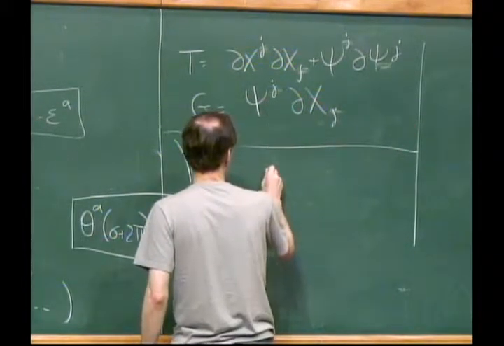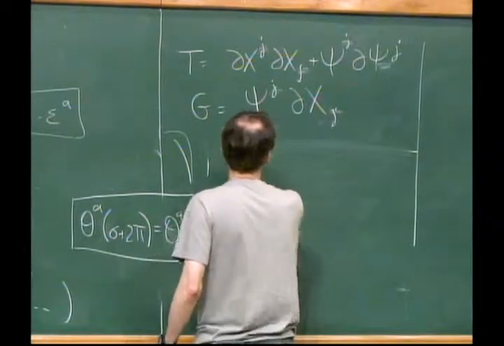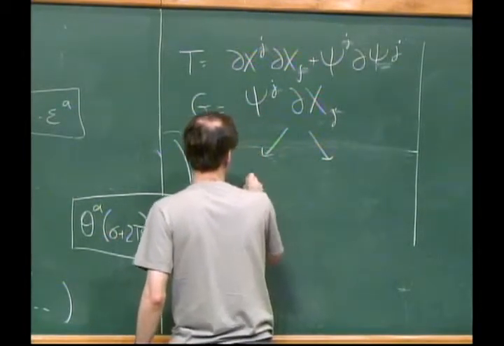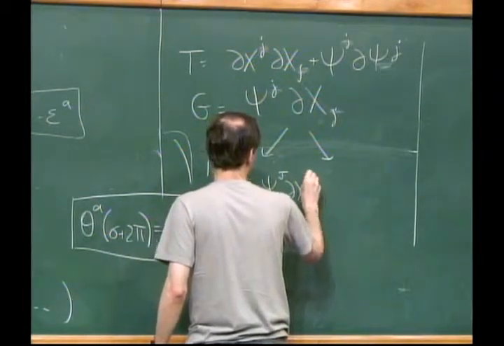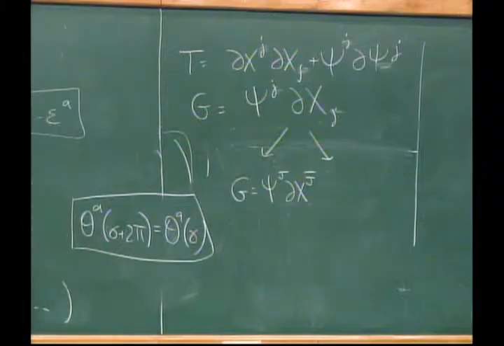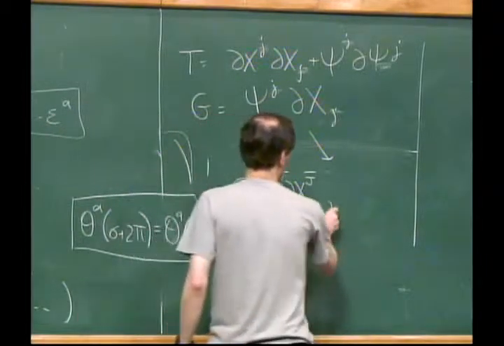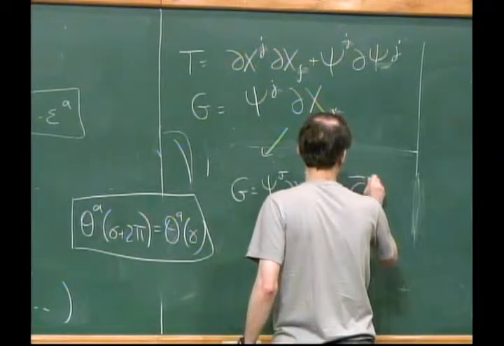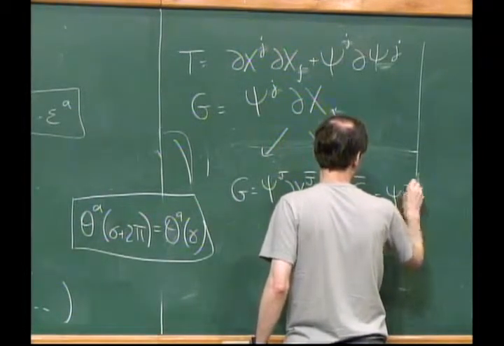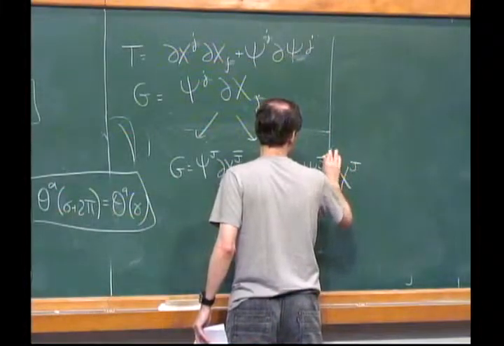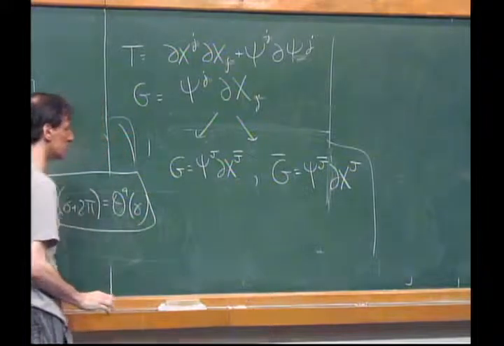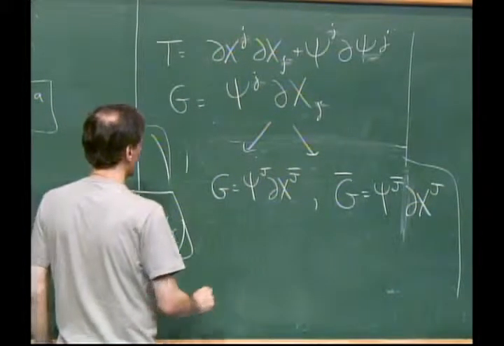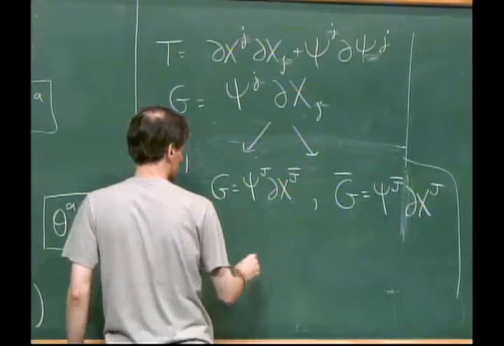So T is the same as before, but now we're going to break G into two pieces, which are called G equals psi^j dx^j bar, where now capital J still goes from 1 to 4, and G bar I will call psi^j bar dx^j. Okay, so once again, this is holomorphic in space-time. This has nothing to do with holomorphicity on the world sheet. All of these generators are holomorphic on the world sheet.